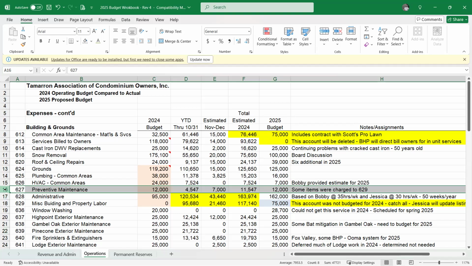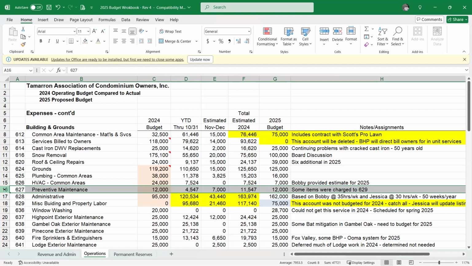This line item should be preventive maintenance outside of units, in my opinion, but I may be wrong. No, I agree, Joe. P&M is covered by owners and owners should be direct billed in 2025 from Bobby. Right. Yeah, Bobby, I think this is just for the building.